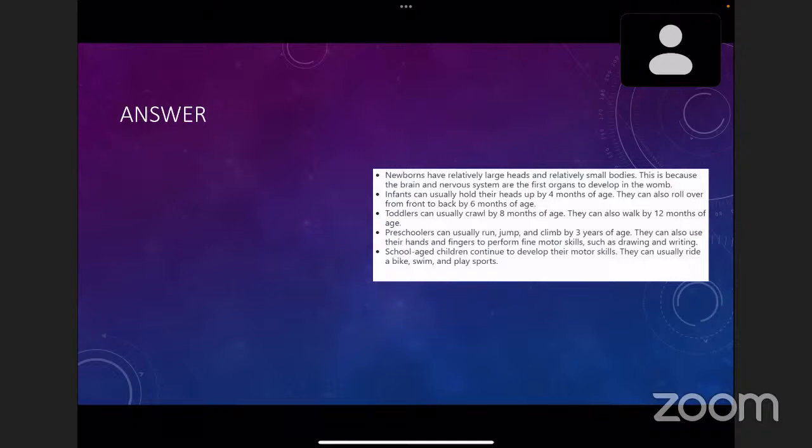Third, the sequence of acquiring milestones is similar in all children, but the rate of acquiring a particular milestone varies from child to child. Fourth, it is always cephalocaudal and proximal to distal. Fifth, primitive reflexes have to be lost to acquire certain voluntary milestones.